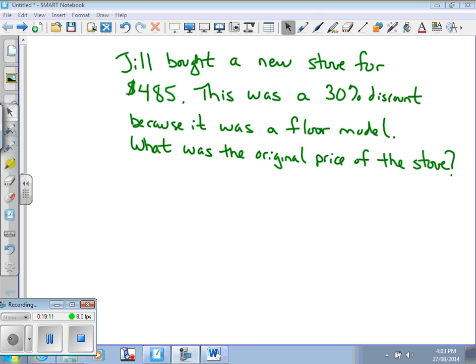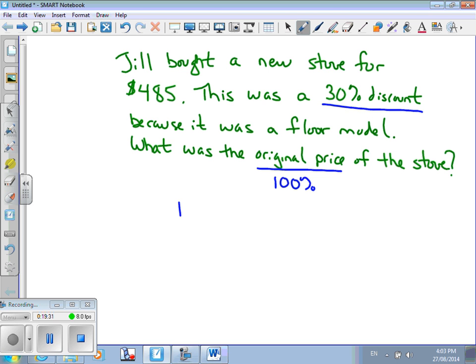Again, let's see how that 30% relates to the 485. If the original price is always 100% and she received a 30% discount, 100% minus 30% means that she only paid 70% of the original price.